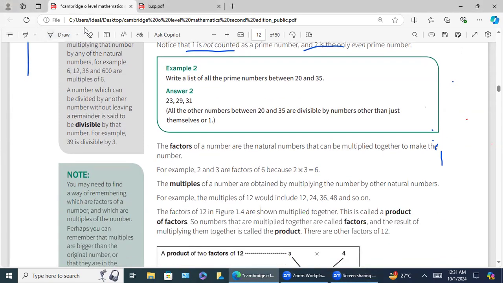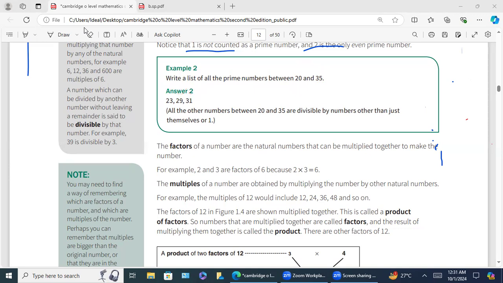Example number 2. Write a list of all prime numbers between 20 and 35. So it is very easy. Between 20 and 35, we have 23, 29, and 31.